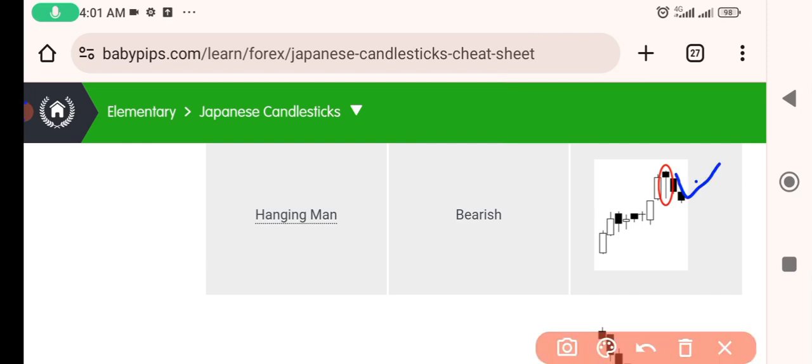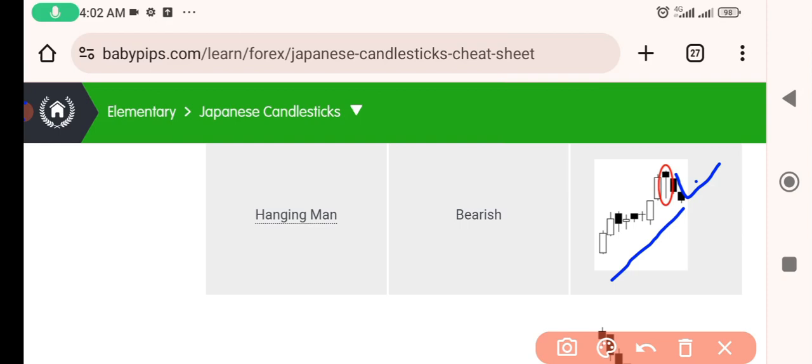As you can see it being properly highlighted, this hanging man gives us a signal for a sell in an area of resistance. You can see that this candle has been pushing to the upside, and all of a sudden, if at your resistance zone you identify this hanging man, it simply means a reversal is about to happen.